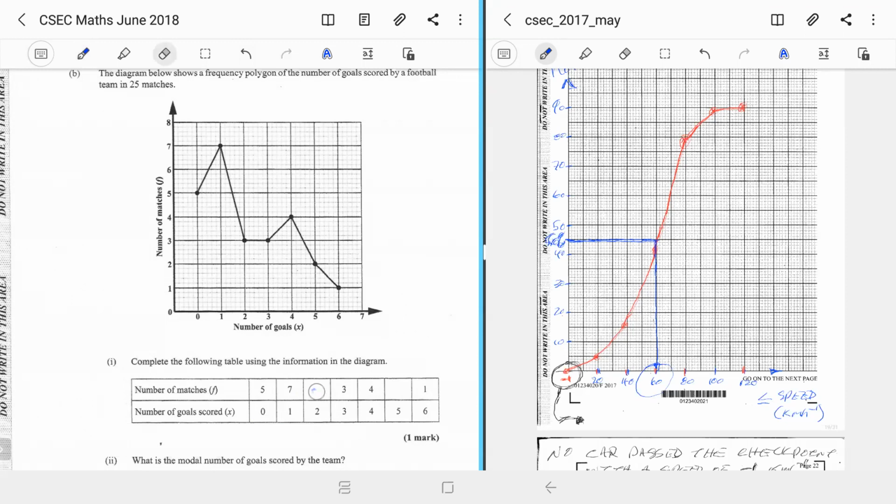Write that properly. And also 3 goals in 3 matches, 4 goals in 4 matches, 5 goals in how many matches? In 2 matches. 5 goals in 2 matches, and then 6 goals in 1 match. That's a completed table. Everybody good with that?